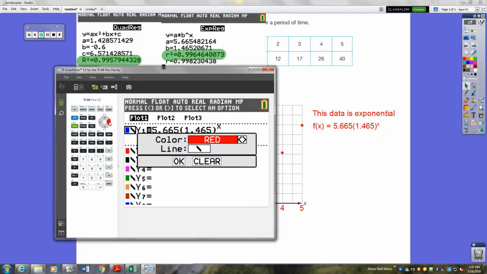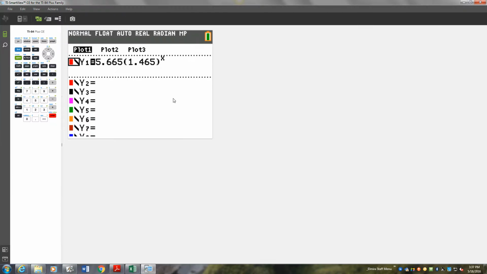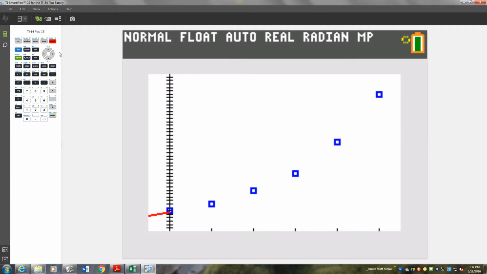Let's actually make the color red. Okay, so now I'm going to hit OK. I know that your calculator may not have the ability to do color, but this is just for you to see on the screen. Okay, and graph. So we've got our dots.